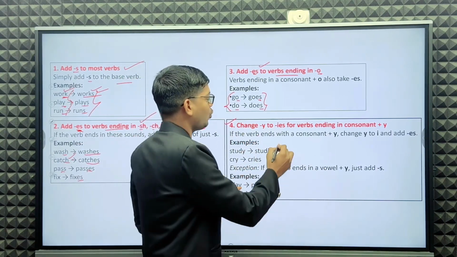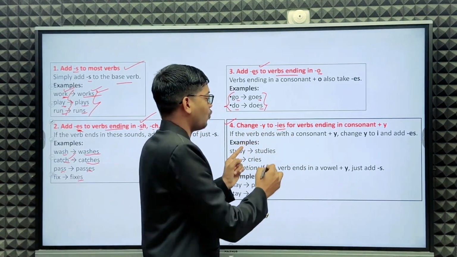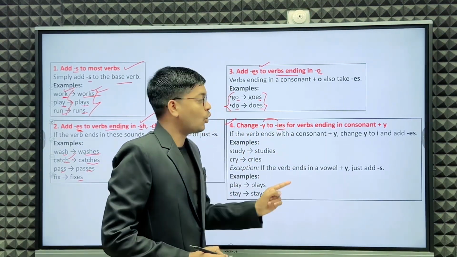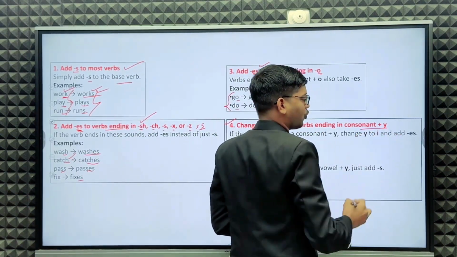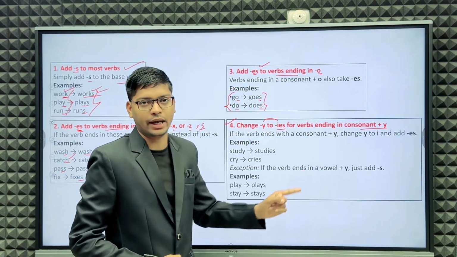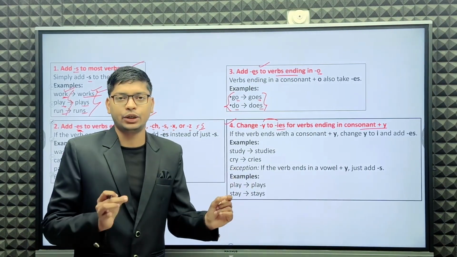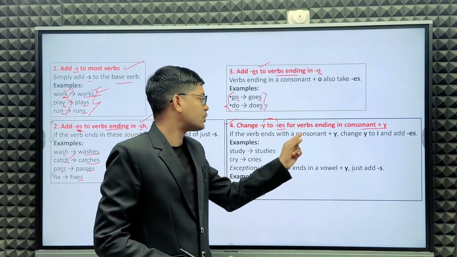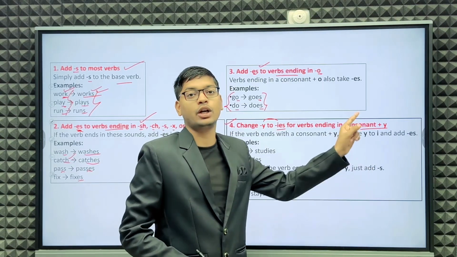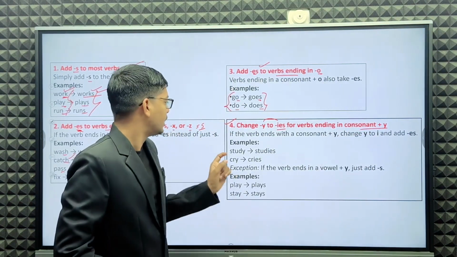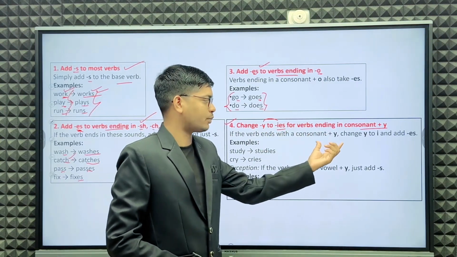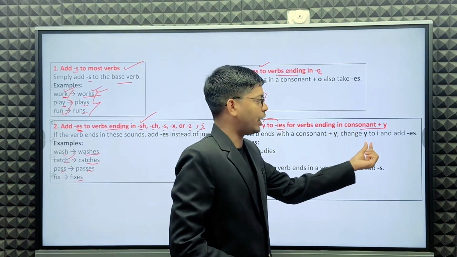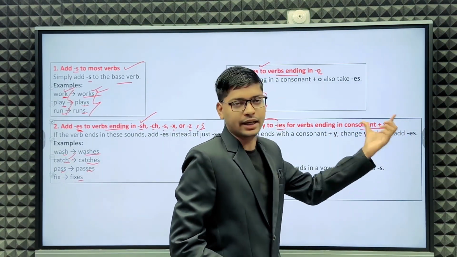Next, fourth rule: change y to ies for verbs ending in consonant plus y. If a verb ends with consonant plus y, change y to i and add es.